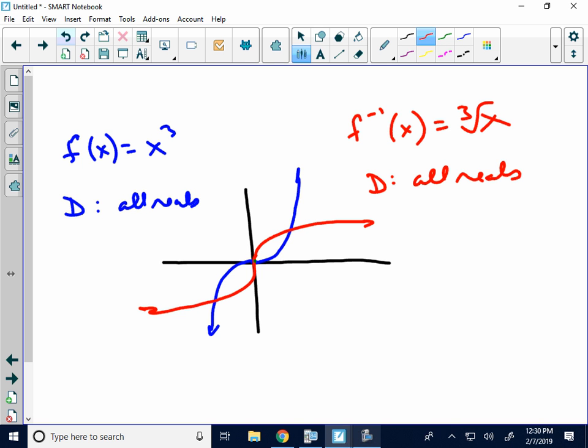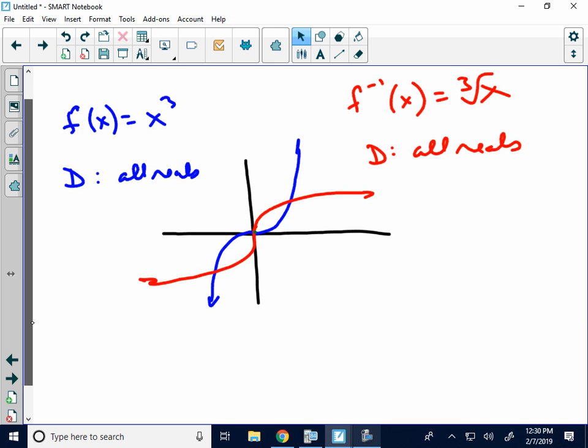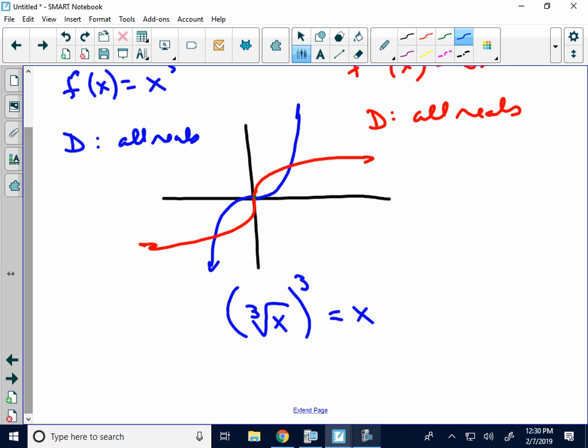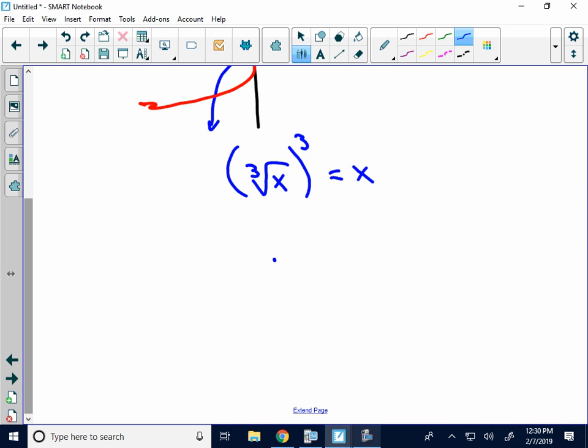Now, as a consequence of that, we can say that if we take any number and find the cube root, any number whatsoever, and then cube that result, we will always get that number back every time. Or we can also say that we could take any number and cube it, and then take the cube root of that, and we will still get that number x.